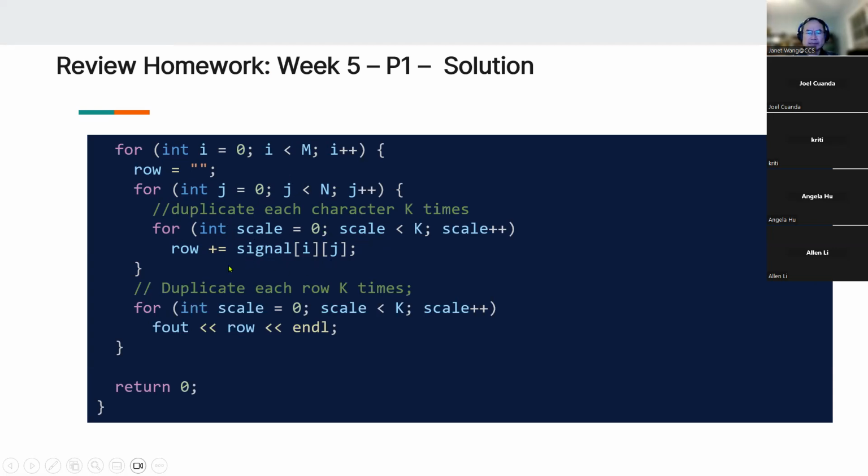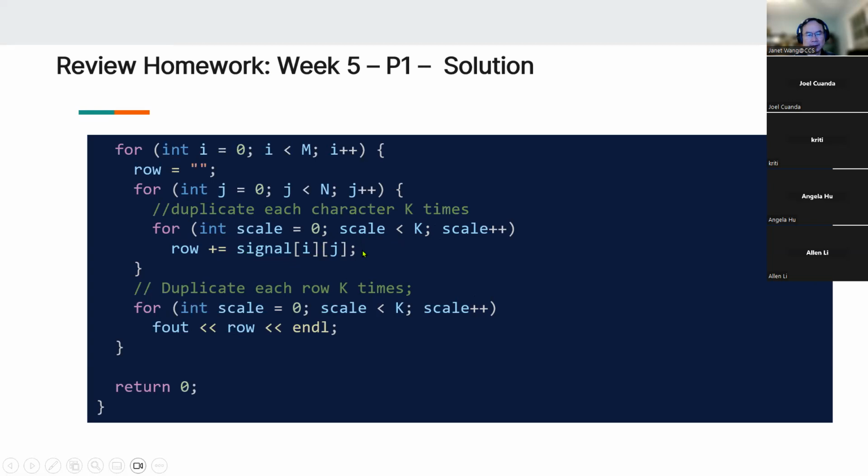Unfortunately, C++ doesn't have string multiplication. For those of you who have learned Python, if you want to scale it, you just multiply the character by k, and that will repeat it k times in one line.